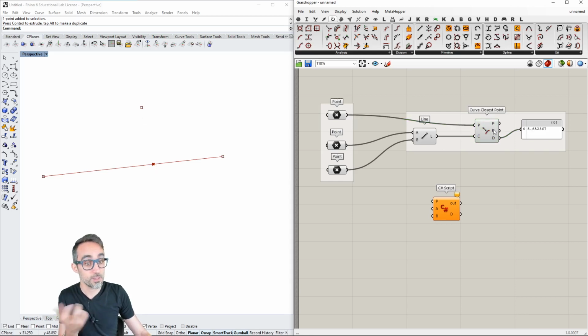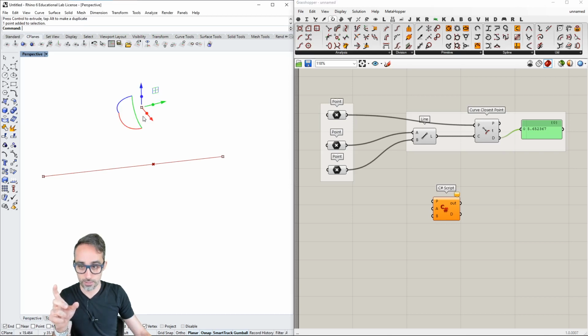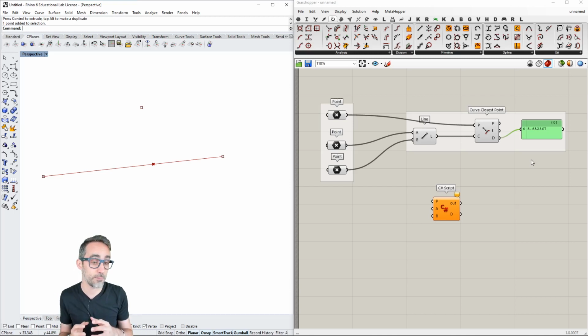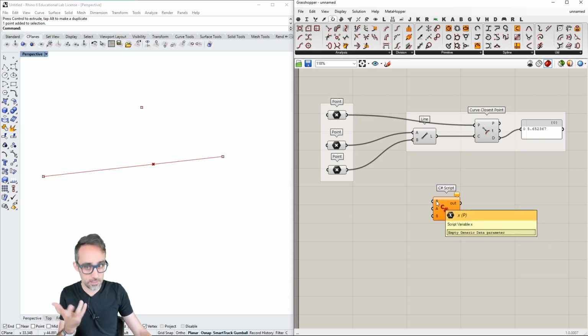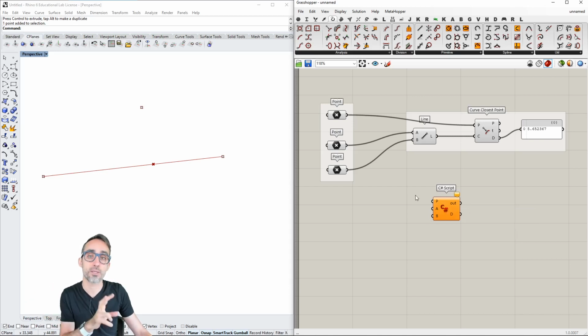And this component gives me the point, it gives me the parameter, but it also gives me the distance between the projected point and the point on the line, which is the value that I want to calculate with this geometry gem. I'm doing this just for the sake of verification, to know that my values are correct. So I have created a C# script component here that takes P, the point that I want to verify, and then A and B, the 2 points that form the line that I'm going to be projecting on.